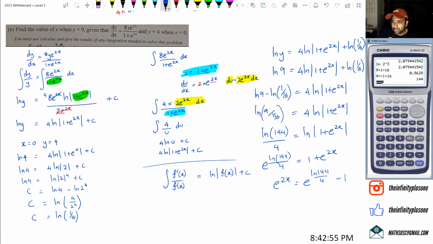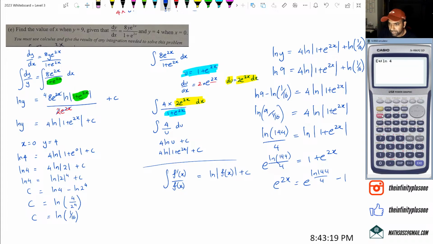I just want to see if I got the C value correct, because this should not get this complicated unless I messed up somewhere, which is quite possible. Let's just delete all of this. So first off, I've got ln of 4.